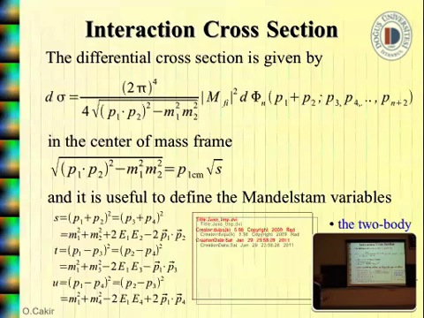If we want to calculate the cross section, we need to know the differential cross section from, for example, Fermi's golden rule.